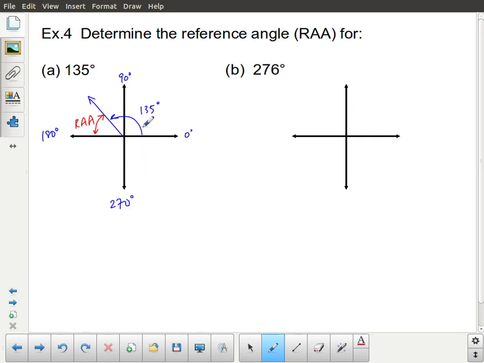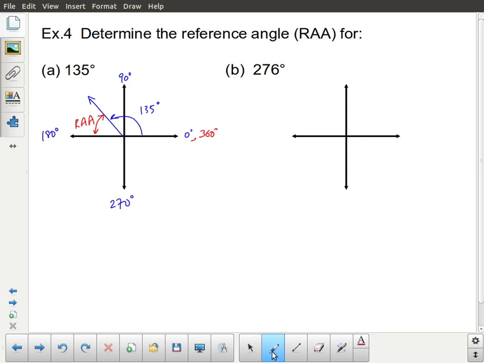And what you should notice from these, there's a couple of ways to do these. As you get more comfortable with this, you'll see different ways to do it. But what you basically want to do is make use of this 180. You're always going to be referring to either 0, 360 degrees, or 180 degrees. Now in this case, because we're closest to 180, that's the relationship we're going to make.